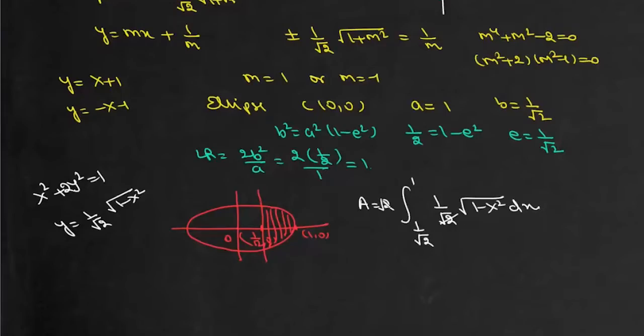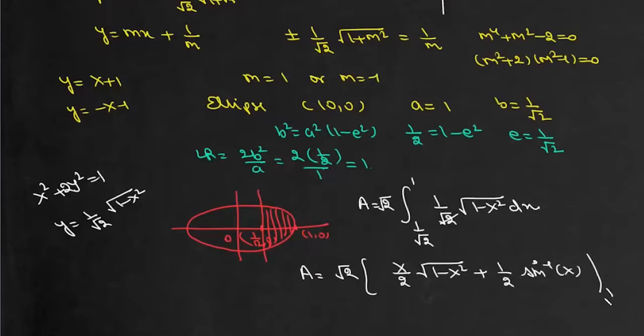Now this is simply root 2 and this area it will be root 2 and here will be this x by 2 under root 1 minus x square plus a square upon 2 sine inverse x from 1 by root 2 to 1.